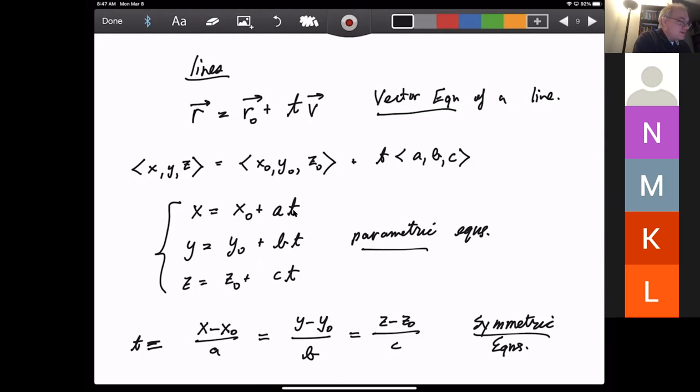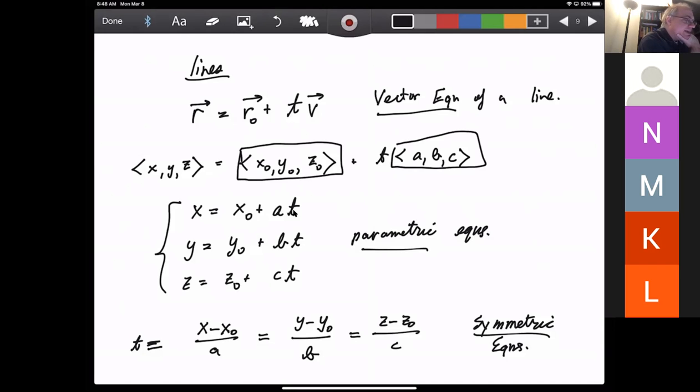If you're given the parametric equations, you can find a point on the line by just plugging in an arbitrary value of the parameter t. So for instance, you could plug in t equals 0, and that would reproduce the point you have here that's known on the line. You could also pull off the coefficients of your parameter in each of these three equations to get the components of your direction vector.